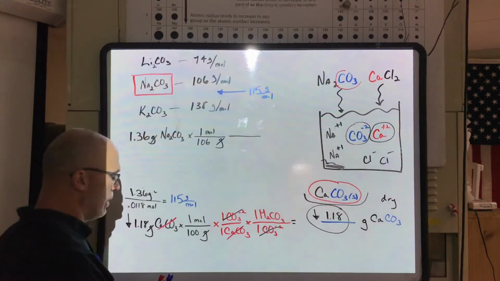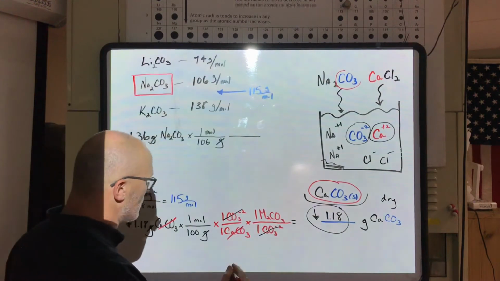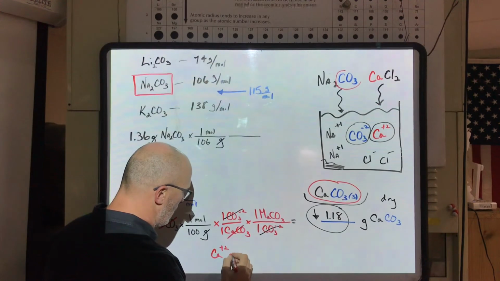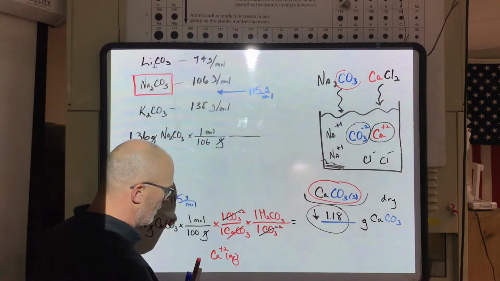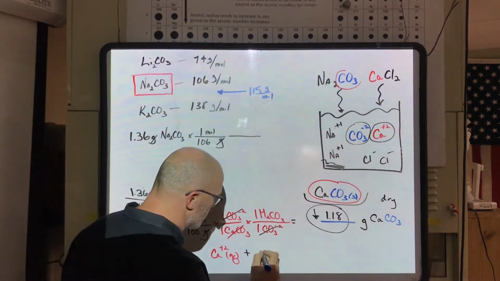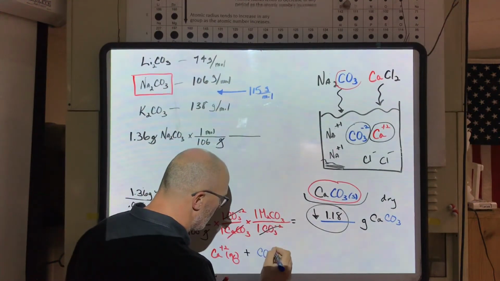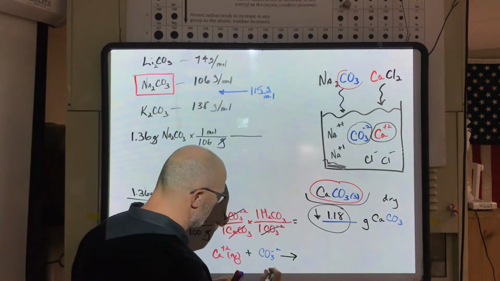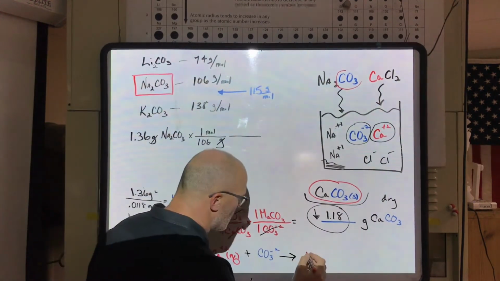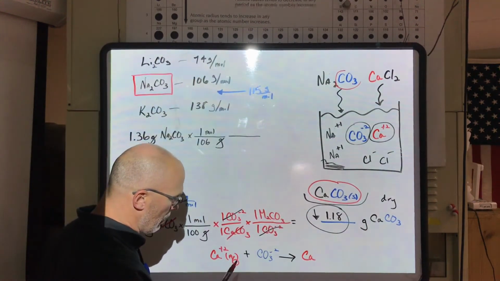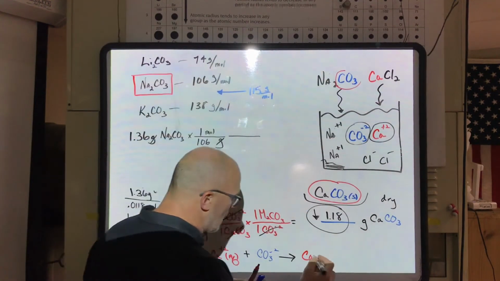We have, what, 1 calcium plus 2, aqueous, plus 1 carbonate, negative 2. Of course, it makes what? 1 calcium carbonate, which is a solid, a precipitate. Charges go bye-bye. You don't write them in the precipitate because it's a salt that's electrically neutral.